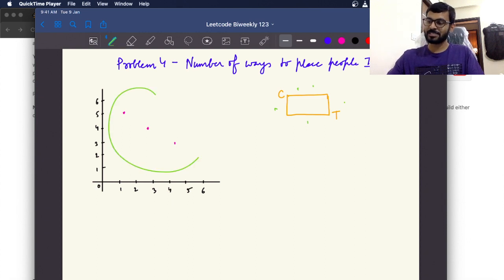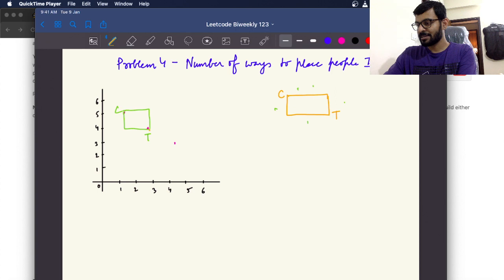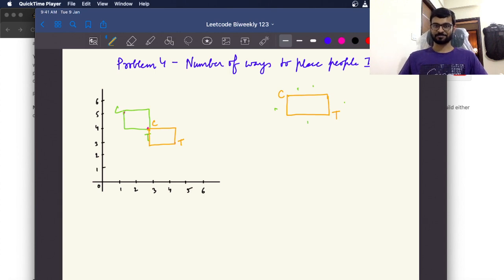So in this diagram, if we see, Chisato and Takina can choose this rectangle. Chisato over here, Takina over here. Or Chisato and Takina can choose this particular rectangle. Sorry for my crazy drawing. Chisato over here, Takina over here. In this way they can rest. What is the other rectangle possible? Other rectangle is this one. So 3C2 rectangles are possible. 3C2 is 3.